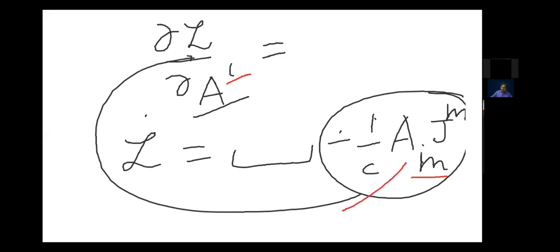When you take this on the upper side, you can also take the j_m index on the lower side, because the two operations are done at the same time, so it does not alter the value. So here, when you do this, it becomes A^m j_m.